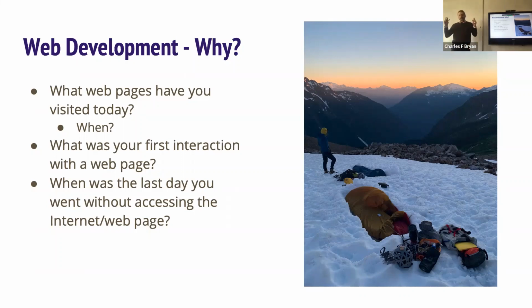So I don't camp, so to speak, but I go climbing. This is in the North Cascades. We were on a climb and we were bivvied. We just dug snow holes and were bivvied in the snow holes, and we didn't have a signal there. But you can be in some pretty extreme locations.